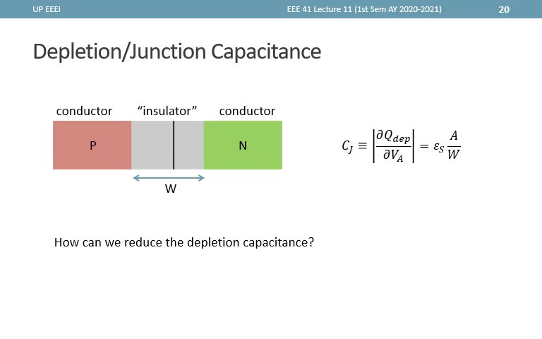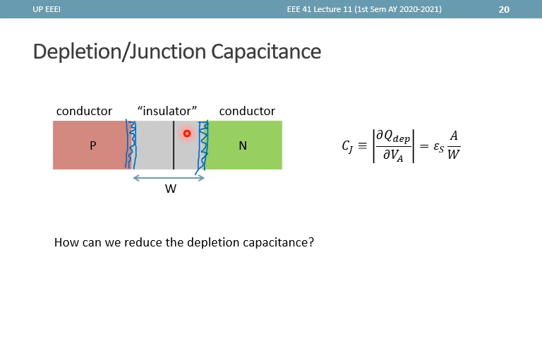Now for the junction capacitance, the incremental charge actually appears around the edge of the depletion and quasi-neutral regions, and that incremental charge makes this device actually look like a parallel plate capacitor with a spacing equal to W, with the depletion region acting as the insulator.